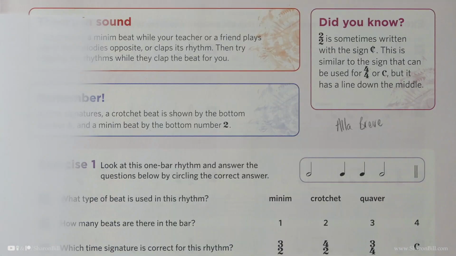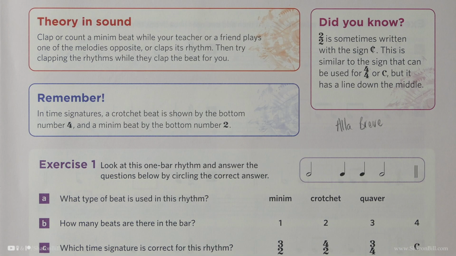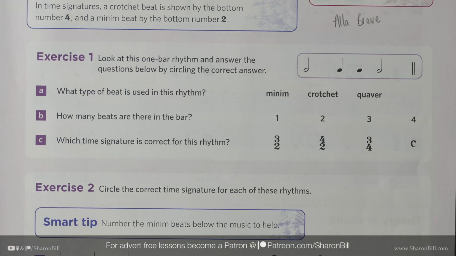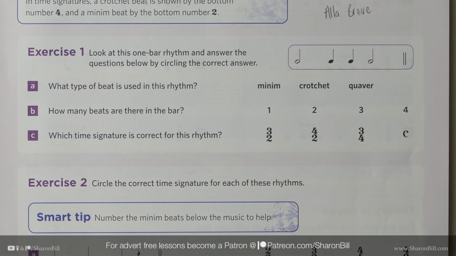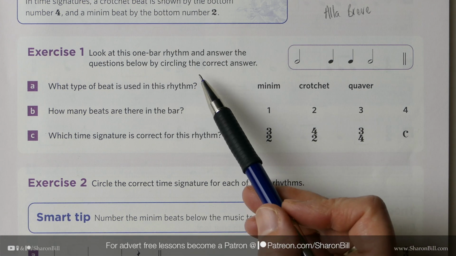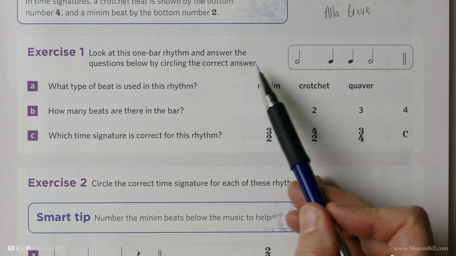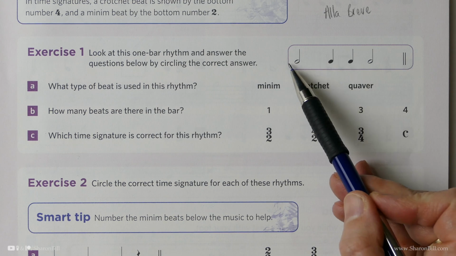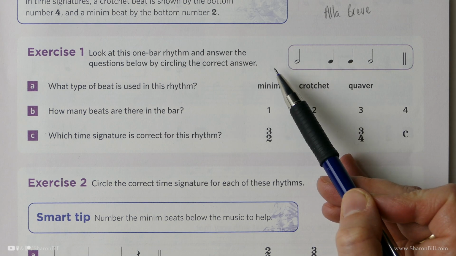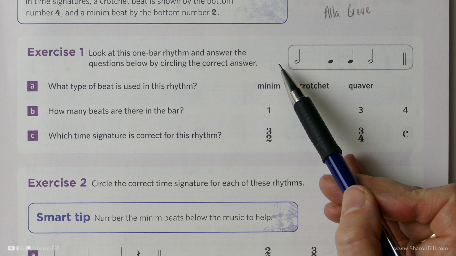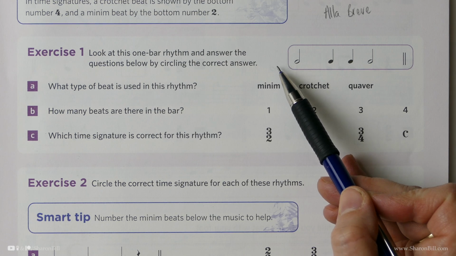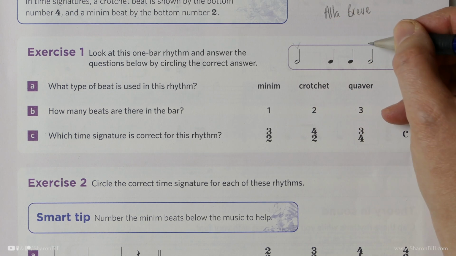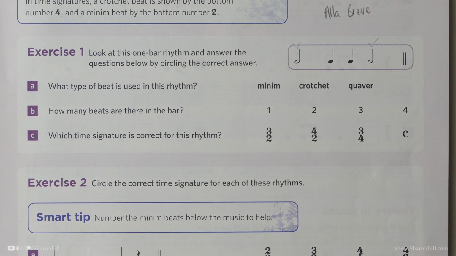There we go. And so now we're ready to crack on with this. We have to choose which is the best number at the bottom here. So looking at this 1 bar rhythm, are we counting in minim beats, the bottom number being 2, or are we counting in crotchet beats, the bottom number being 4? Well, if we were counting in crotchet beats, 1, 2, 3, 4, 5, 6, that doesn't work out.